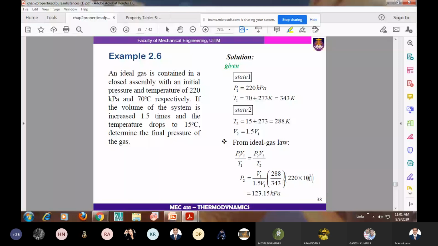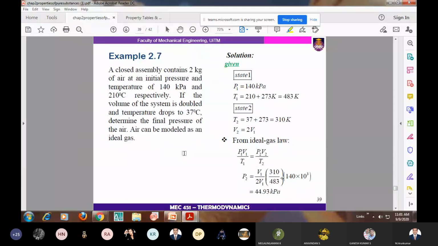If you substitute the values, then we can get the value of the unknown P2. P2 here is 123.15 kilopascal, with the use of the ideal gas law, the pressure at state 2. So this is a simple example. Direct values are given, and the unknown values are found from the equation of the ideal gas law.